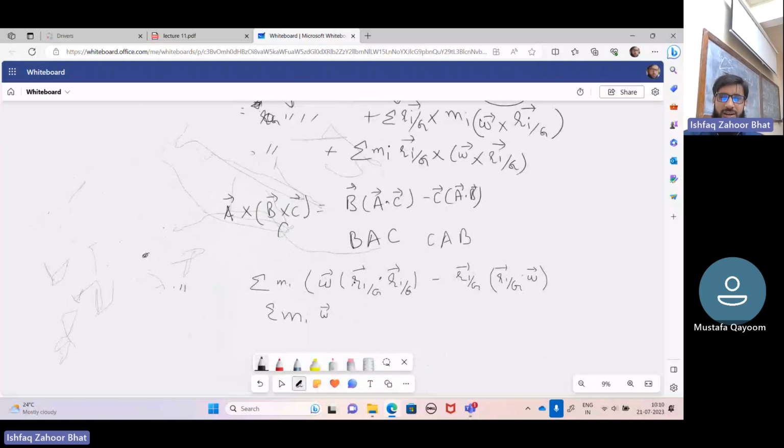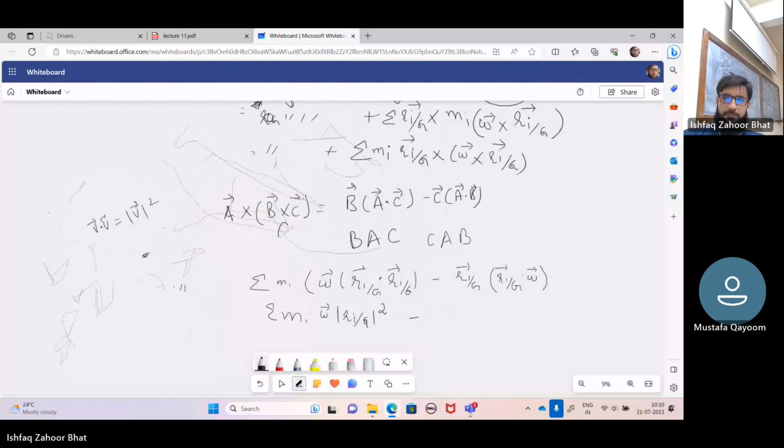Okay. So we know that if we have a vector v, v dot v is nothing but mod of v square. So this is mod of R i G square, and this is minus R i G dotted with omega, dot omega.